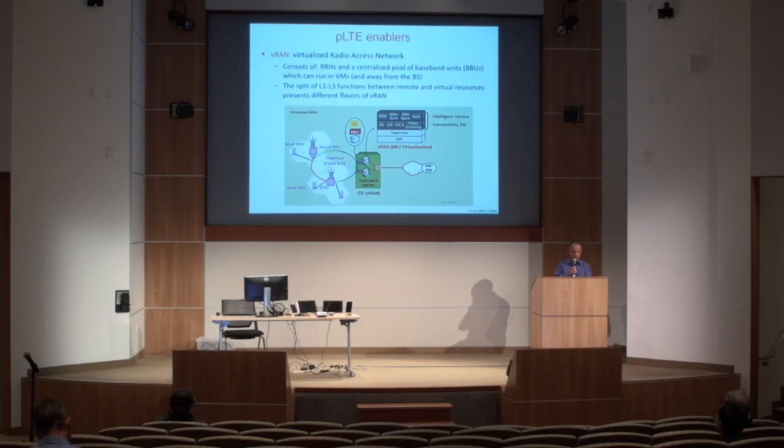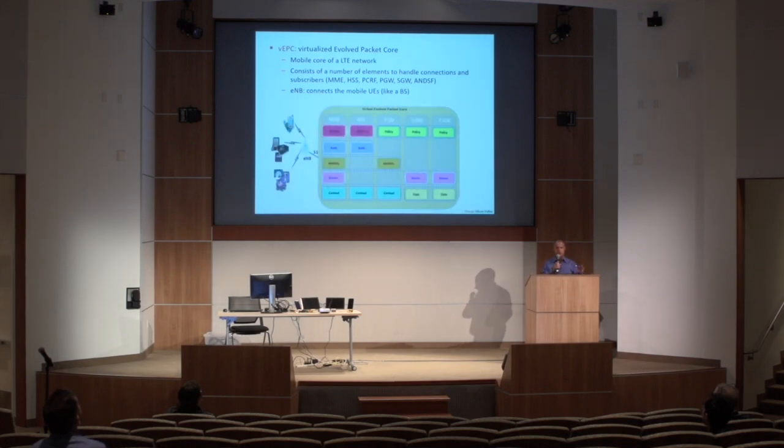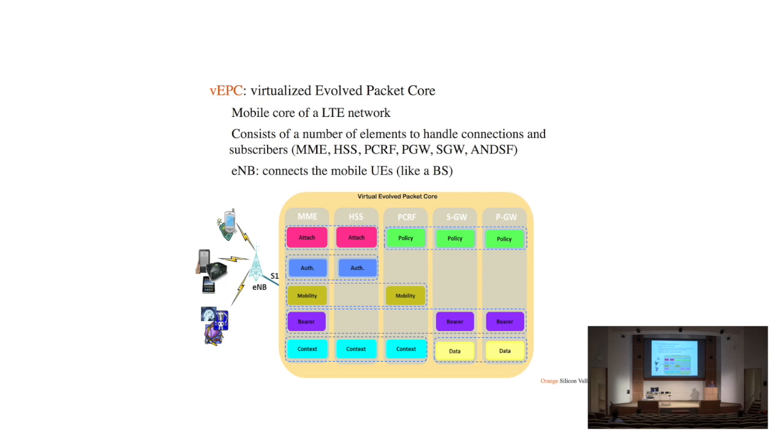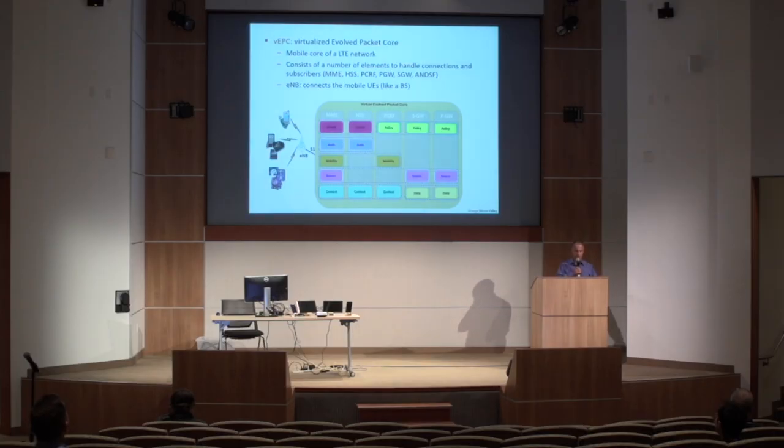The second component of private LTE is the vEPC, the Virtualized Evolved Packet Core. That's the mobile core for cellular networks. The vEPC consists of a number of elements to handle the connections and how the user gets attached to the mobile network, making sure that, for instance, if you're using AT&T's network, you're a subscriber of AT&T.